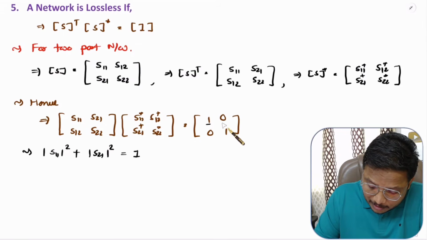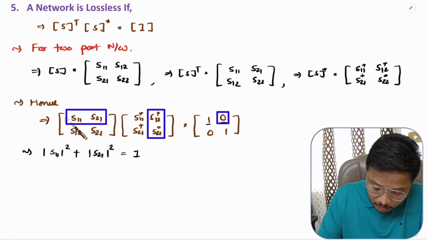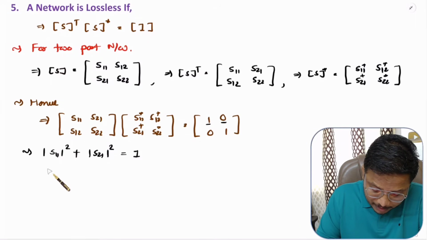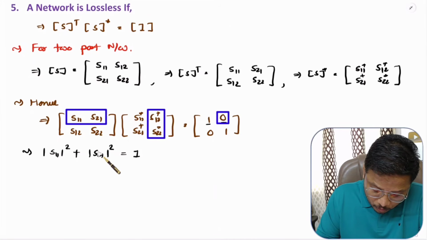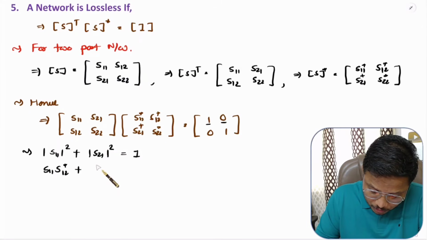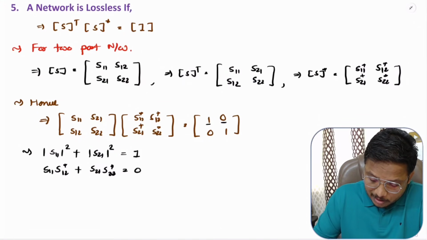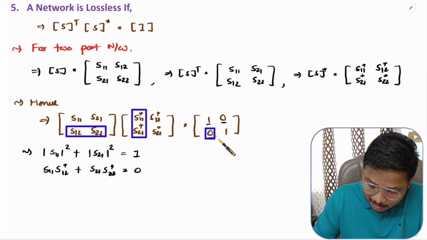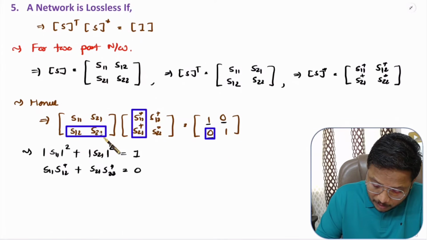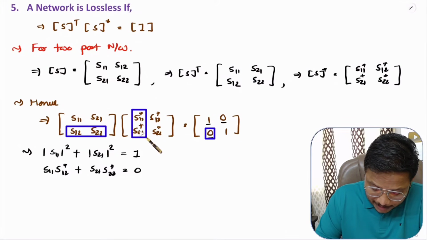If you want this element, that is 0, then here we have the first row and here we have the second column. So we will be doing S11 into S12 conjugate plus S21 into S22 conjugate, right? And that should be equal to 0. If you want this element, then the second row and first column you need to multiply.